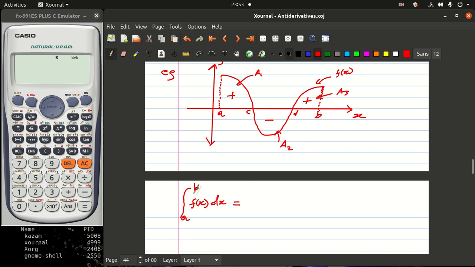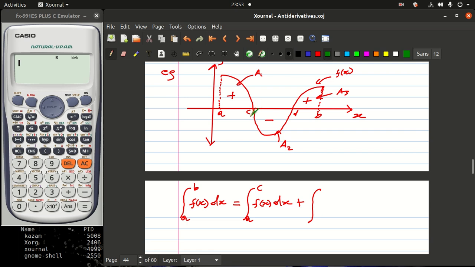So if you wanted to find this definite integral, we're going to move from a up to c first, and then we have our f of x dx. And then we have to add the area of this particular region here, which is going to be from, no, not a now, because we are starting from this position this way.